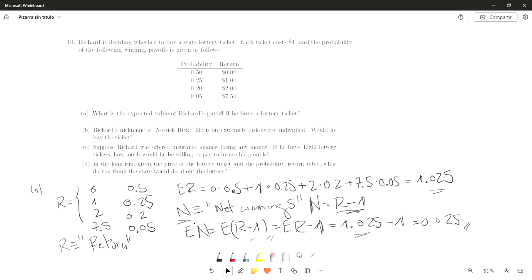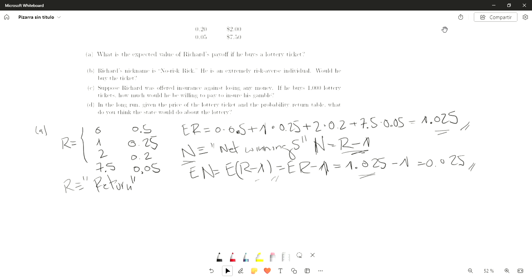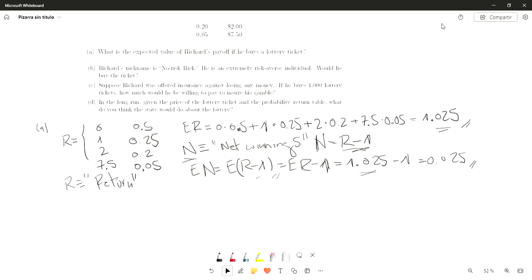Well, the solution of the exercise is this one, although we computed the expected value of the net winnings also.